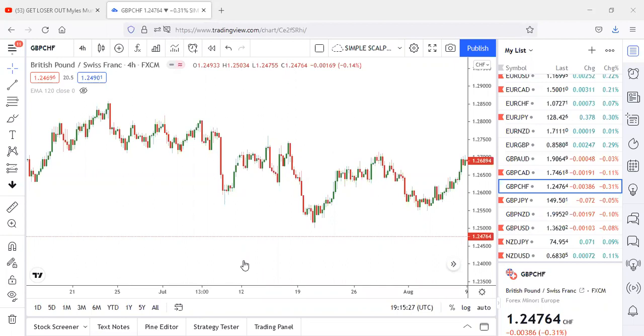So today we'll be talking about divergence, and like I said, this will enable us to pick a trade with higher probability. So how can we spot divergence? We can only do this through the help of an indicator, either stochastic or RSI.